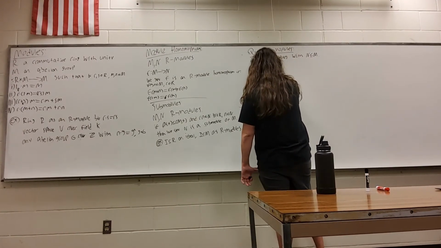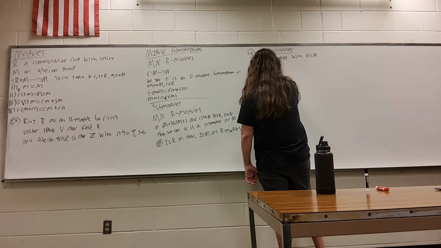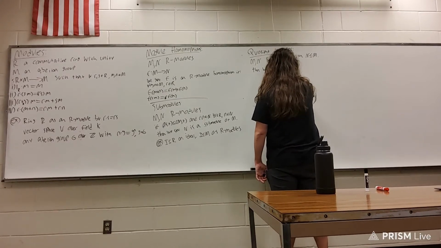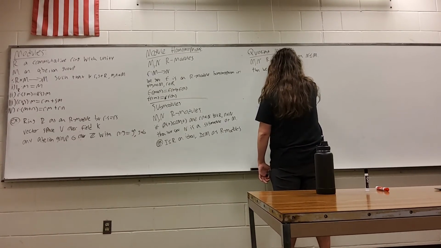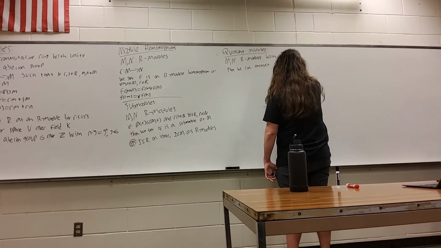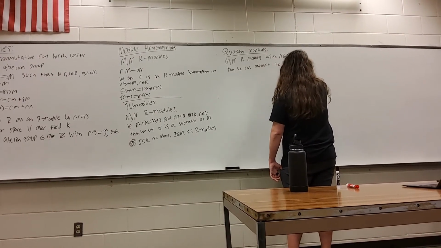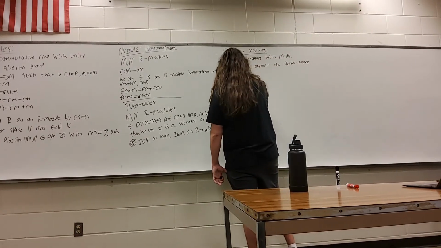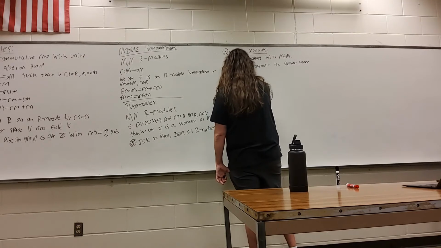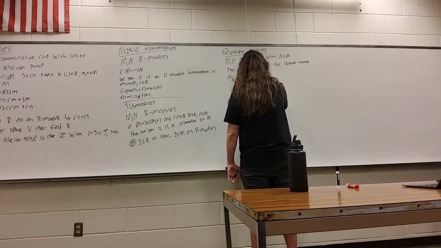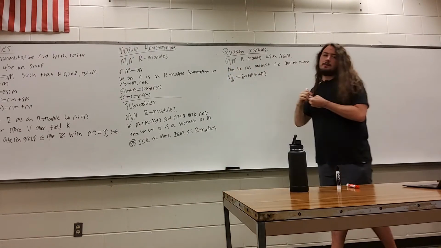Then for the quotient structure, we can construct the quotient module M over N, which is just going to be exactly what you would imagine. It's going to be the set of all cosets.